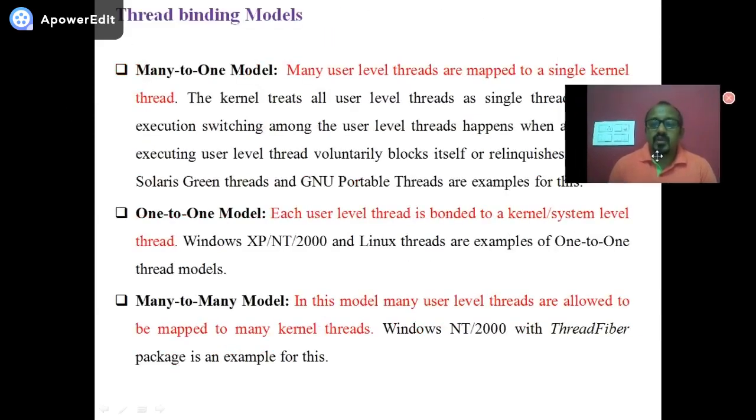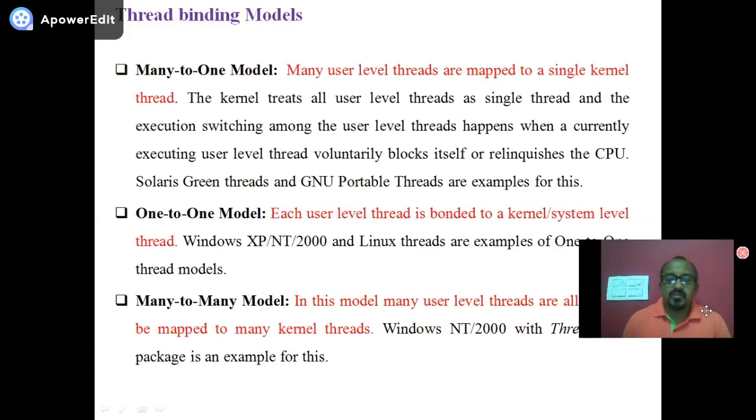So there are three thread models: many to one model, one to one model, and many to many model. Many to one model means many user level threads are mapped to a single kernel thread.